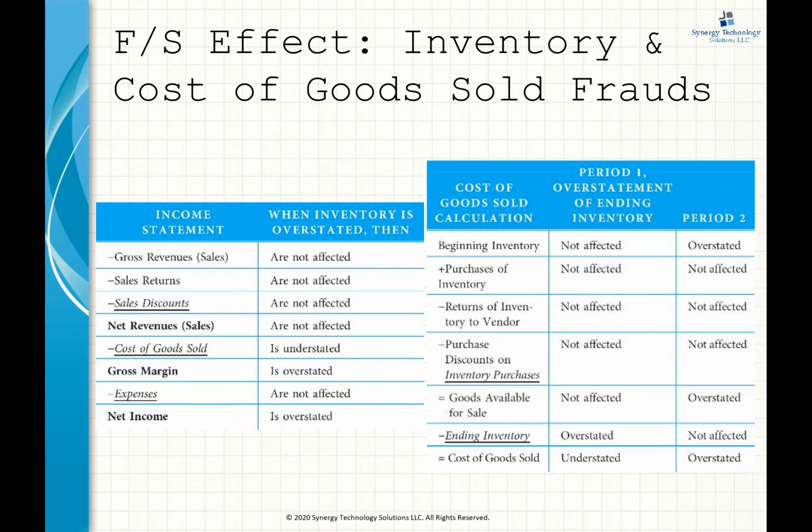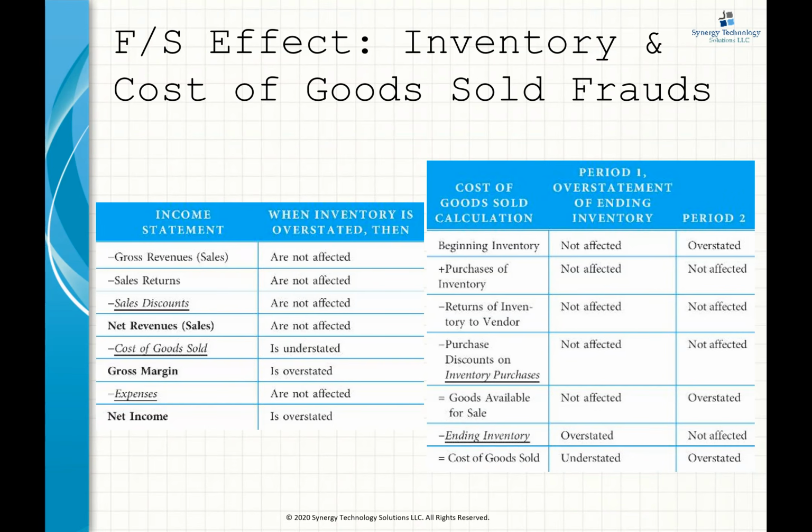Second, they'll look at how they're doing on the revenue side. These are the two key factors most investors and analysts focus on. So from a management fraud perspective, management wants the revenue looking good and the income looking good. So this is what they want.